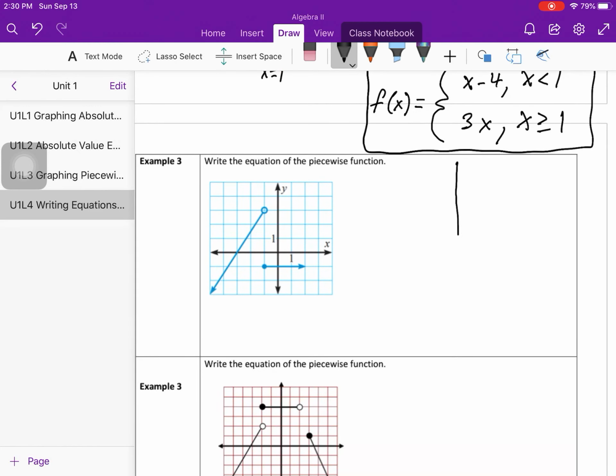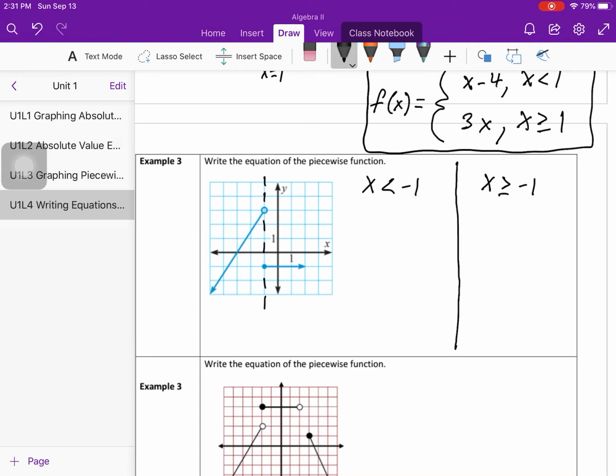So, okay, I'm going to go ahead and split this up. Our x value on this one is -1. So if we pick this one going to the left, that is x less than -1, and the other side is x greater than or equal to -1, because that's the closed circle.